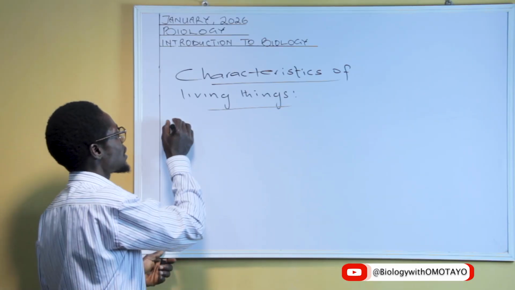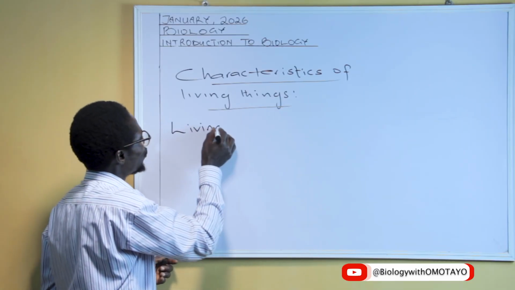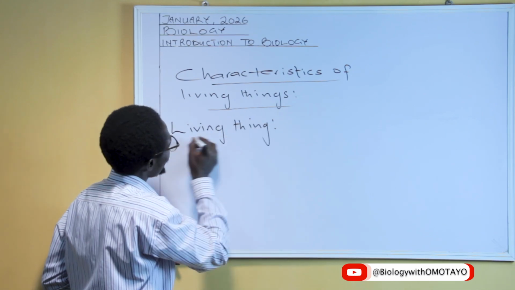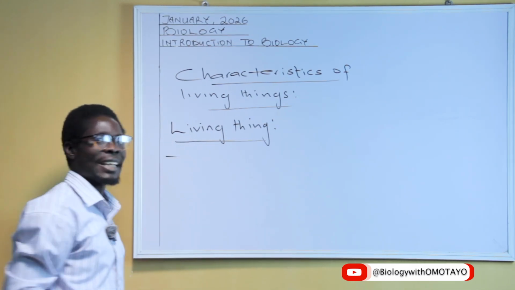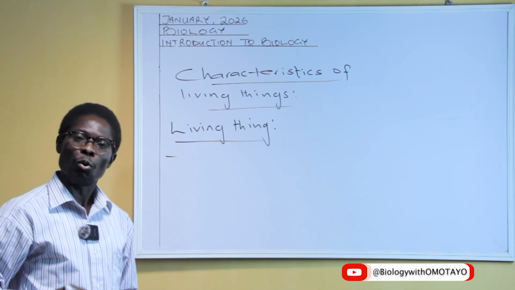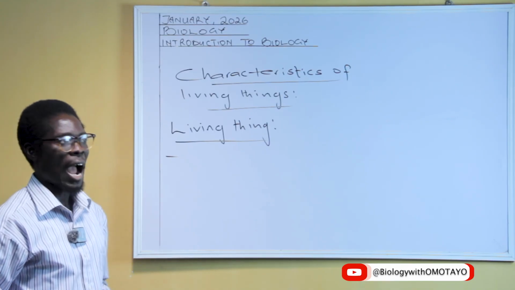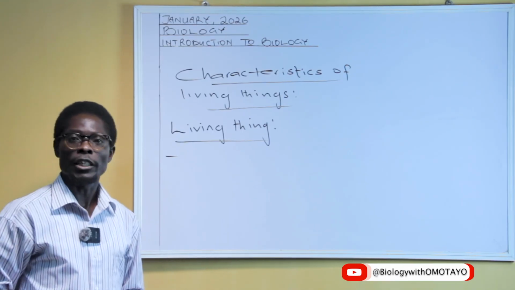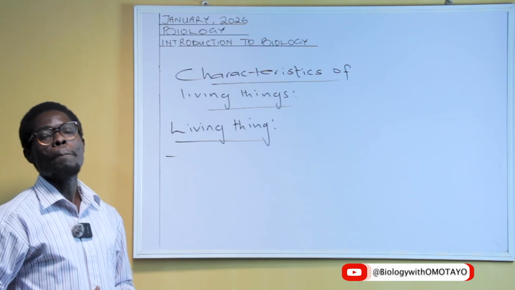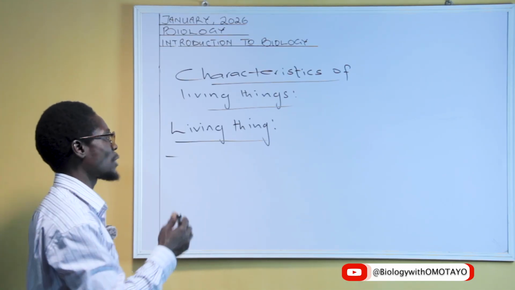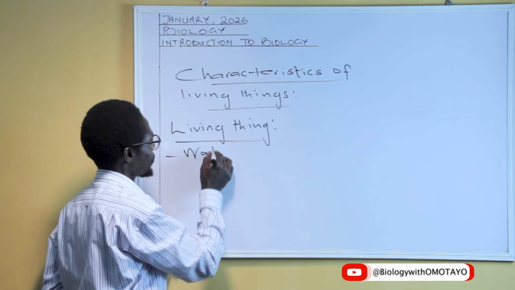Living things have unique qualities that enable us to come to the conclusion that they are living things. Such qualities include the presence, majorly, of water and carbon as part of their components.